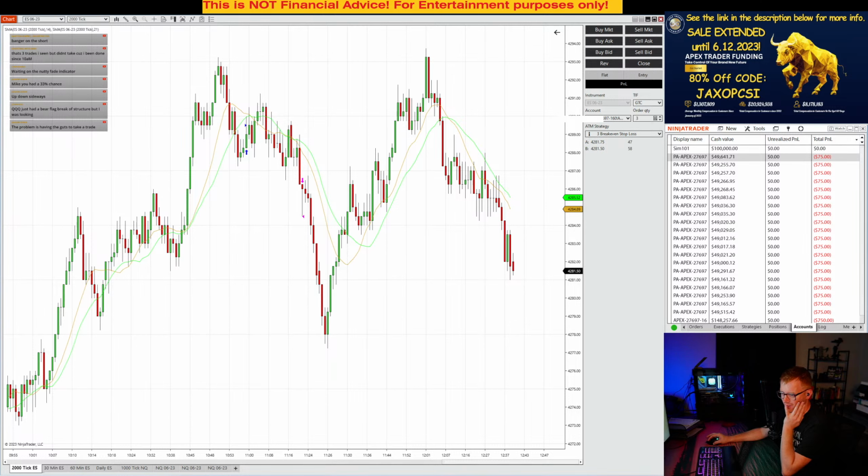Nutty fade indicator. Hang on. Thinking about maybe going short, which means I'm actually going long. Just kidding. I know that definitely has happened there. And you're like, let's wait for confirmation. And then finally, like, yep, this is it. Let's take the trade. And then boom, that's when it decides to go against you.